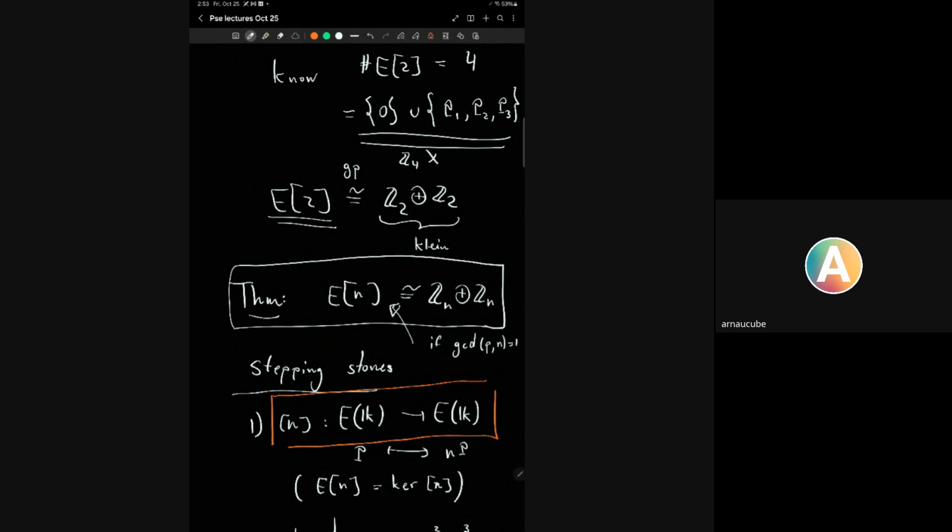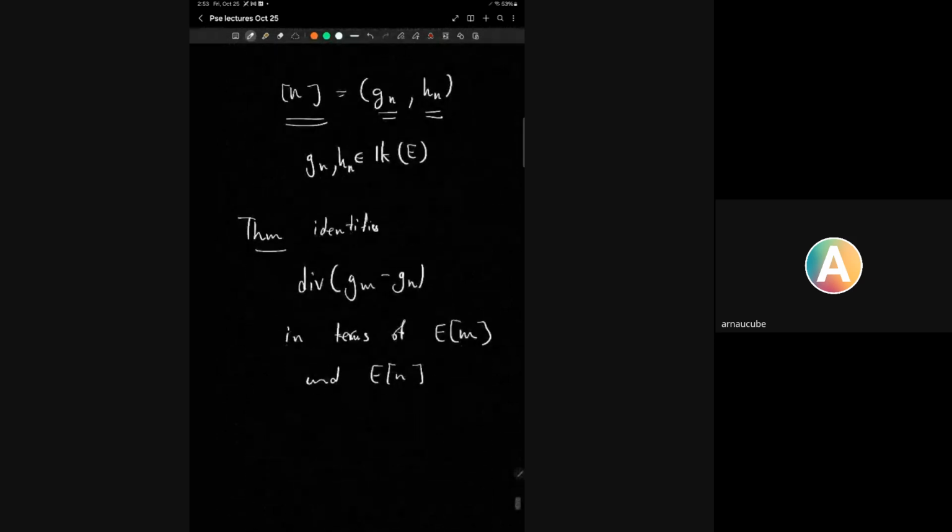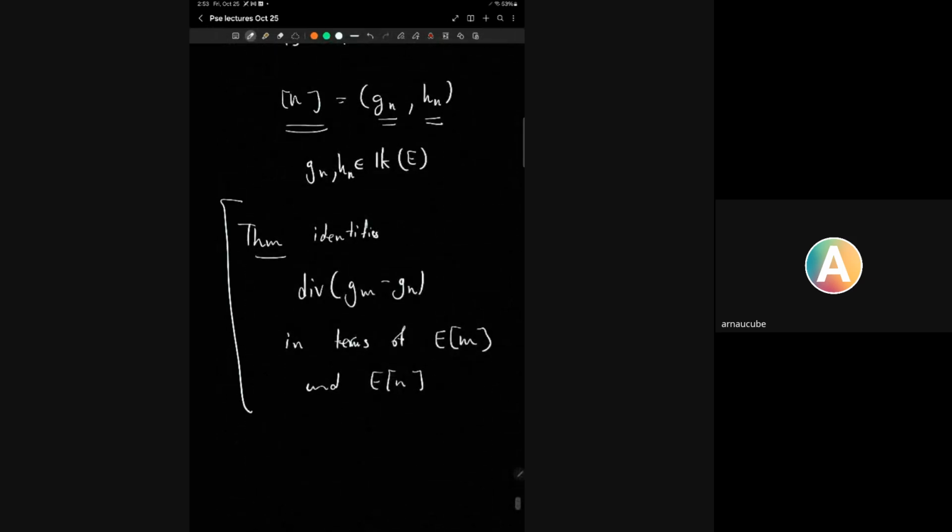In the construction of the Weyl pairing, we always assume that the prime does not divide the n in the n torsion points. And P here is the characteristic of the ground field. Of course, this propagates into this theorem. So P does not divide n.